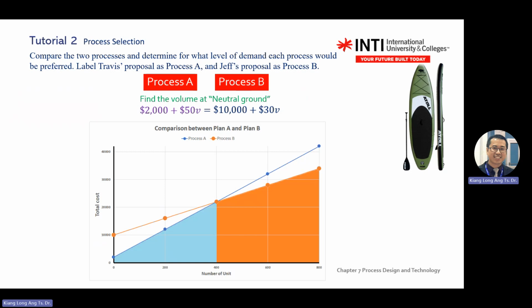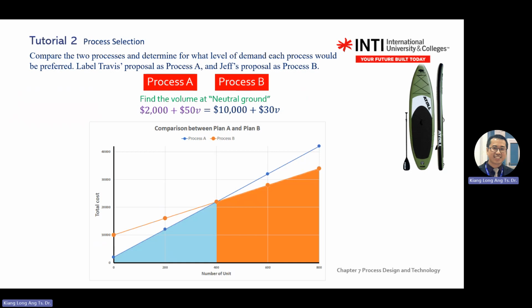Then on the right hand side, process B: 10,000 plus 30V. So you can see this one. The break even is here, at 400.